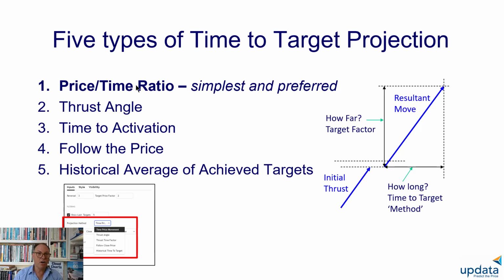Now, there are 5 different methods in the system with your targets, and I'm going to run through them very quickly, but I have to tell you, I predominantly use method 1, which is the default that your system is set up to.